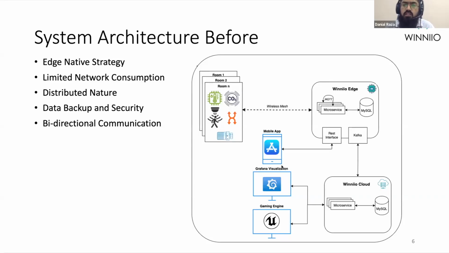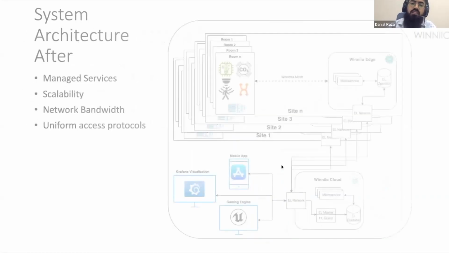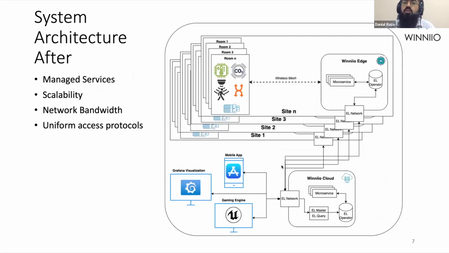All of these challenges were there, and we did manage to solve a lot of them with our previous architecture, but that came with its own maintenance, its own cons, its own caveats. With Anylog, we simplified the architecture a lot. Just focus on one site right now.